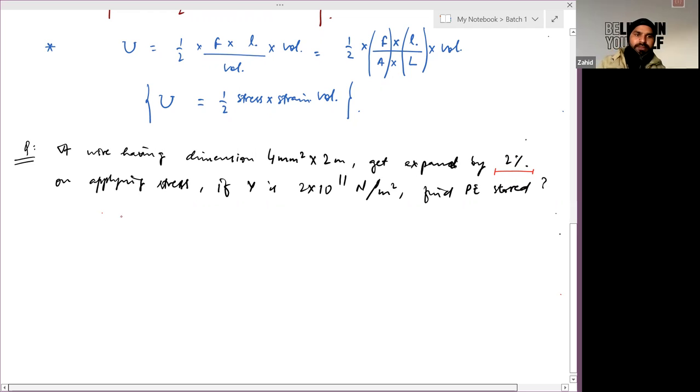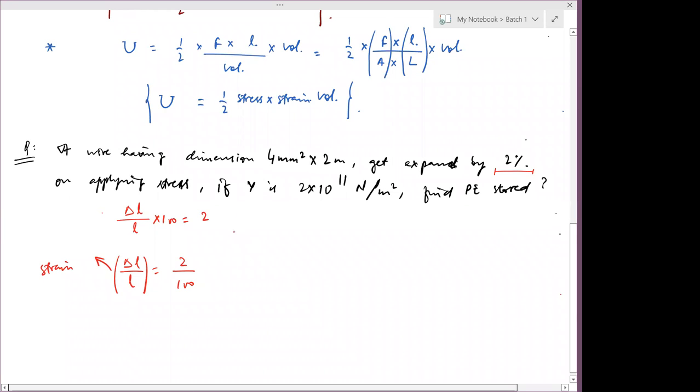And how do we calculate percentage change in length? It will be delta L divided by L into 100 equals 2%. So we just need delta L by L. So it will be 2 by 100. And this fraction is also called strain. Is it clear?